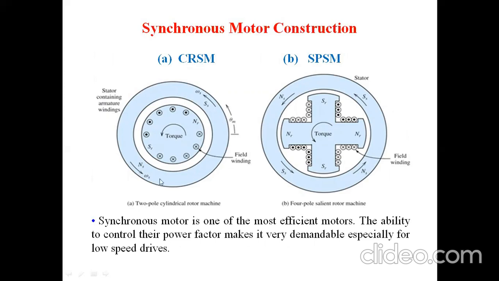The stator construction is similar for all types of synchronous motor. In the cylindrical type synchronous motor, the rotor is made of cylindrical shape, which is why it is called a cylindrical type synchronous motor drive. In the second one, the rotor construction is of salient pole type, so it is called a salient pole synchronous motor drive.